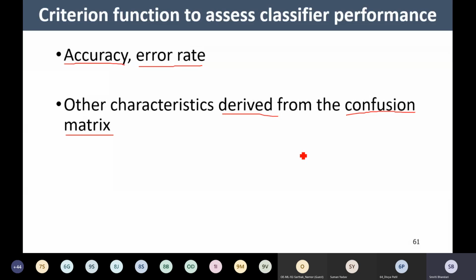So we are going to conclude this session today, and in the next session we will focus on the performance metrics for classifiers, which are derived from one important concept known as the confusion matrix.